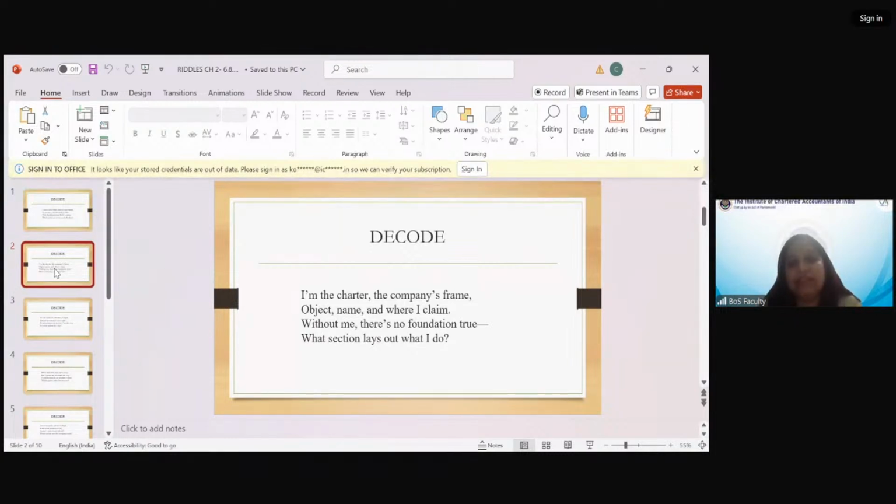Okay, so the next is, I am the charter. The company's frame, broad framework within which it works, object, name, and where I claim. Without me, there is no foundation true. What section lays out what I do?